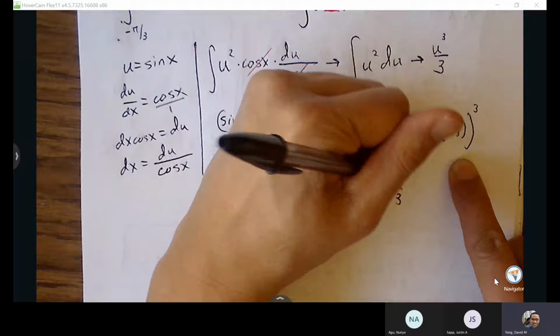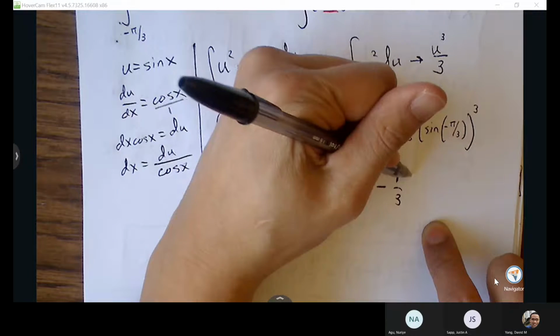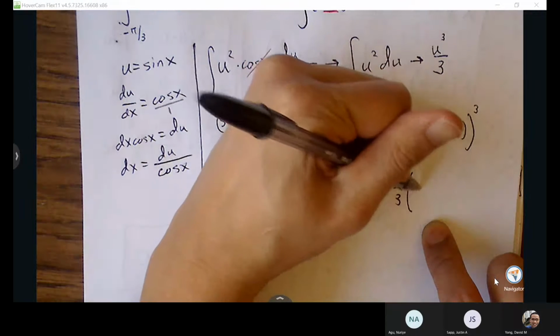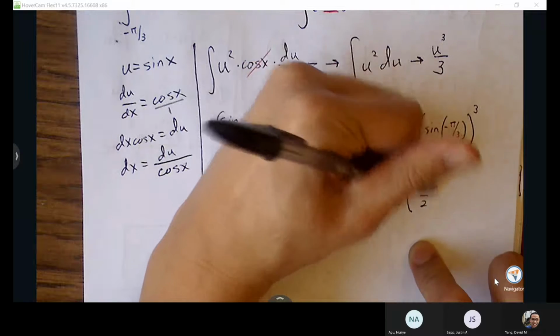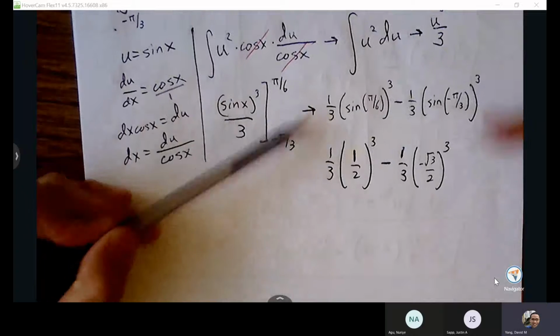Minus 1/3. Sine of negative pi over 3, that's the same thing as sine of 5 pi over 3. We know sine of 5 pi over 3 is √3/2, but negative √3/2. Okay, so we need to at least get to this step.